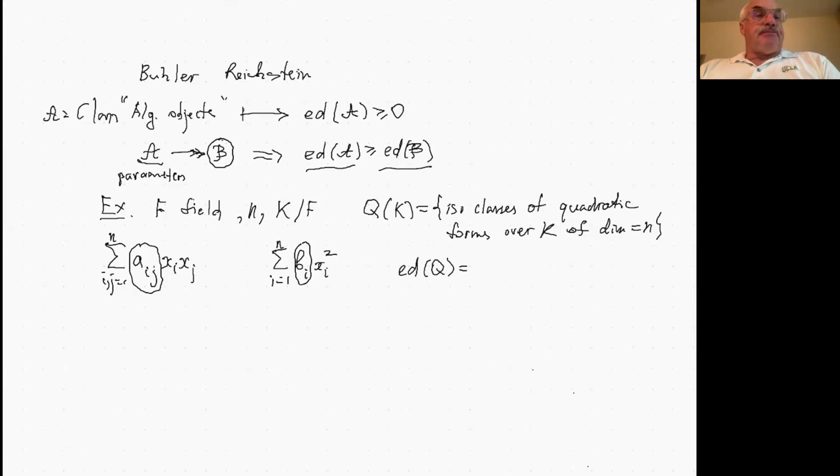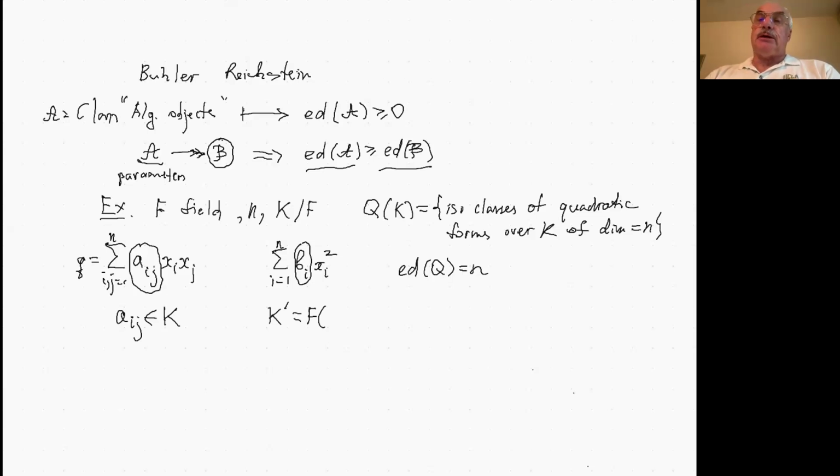Okay, how can one rephrase this? Given a quadratic form Q over a field K, in other words, with the parameters in K, we can consider a smaller subfield, namely K prime, generated over F by those b_i's, b_1 through b_n.